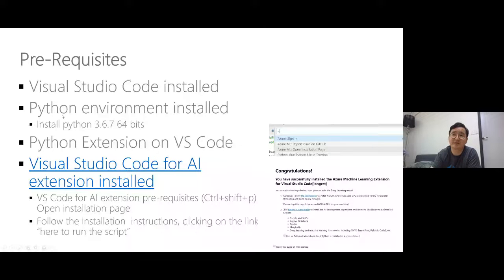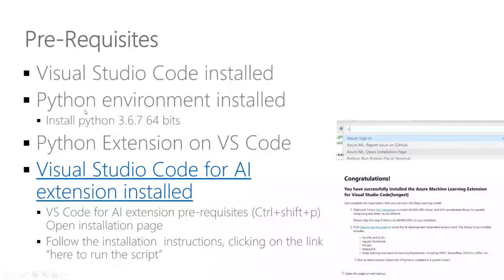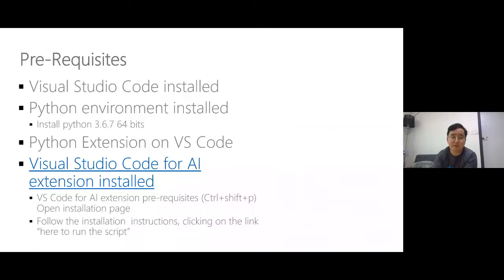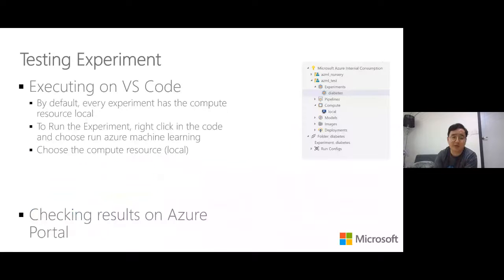It is available as a plugin: you find the extension in VS Code, install the Python extension first, and then additionally install the Visual Studio Code for AI extension. Then you can work more easily with Azure Machine Learning Service from VS Code.